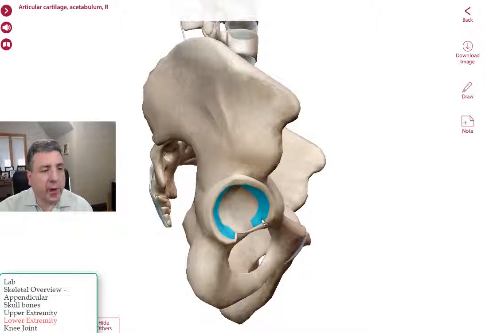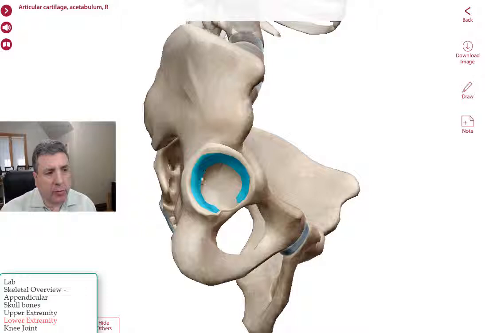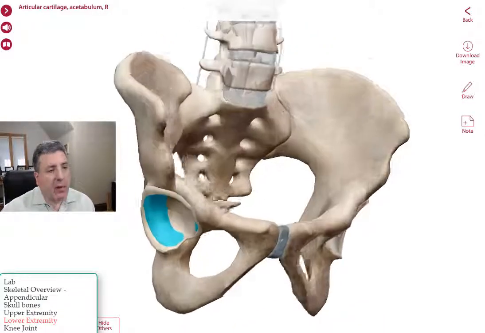You can see this kind of a gray area here. This is, well, this is the articular cartilage, but this is called the lunate surface of the acetabulum. So this is what is articulating with what we'll talk about here shortly, when we look at the femur, the head of the femur. Okay, so that's the acetabulum.